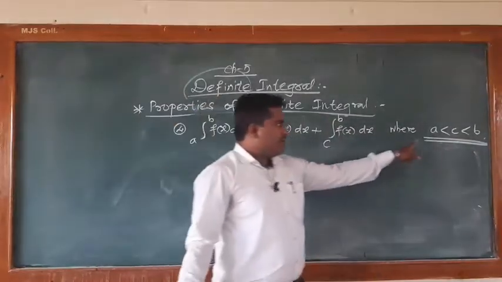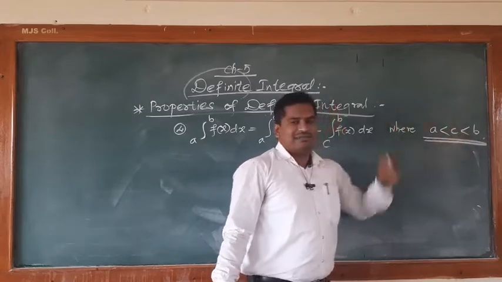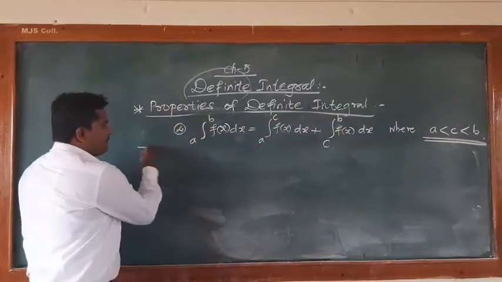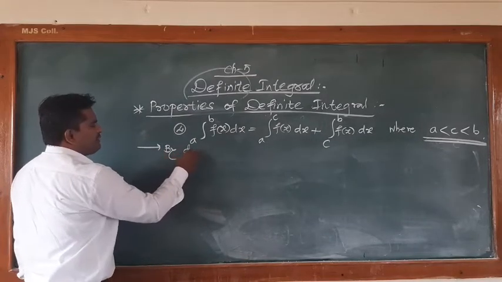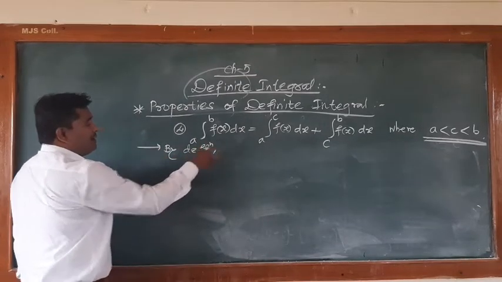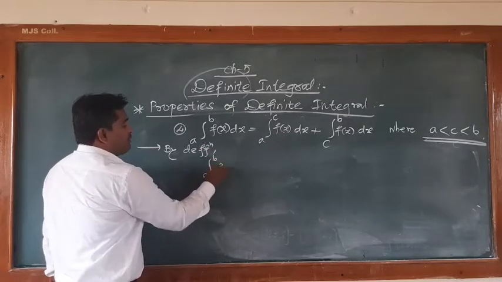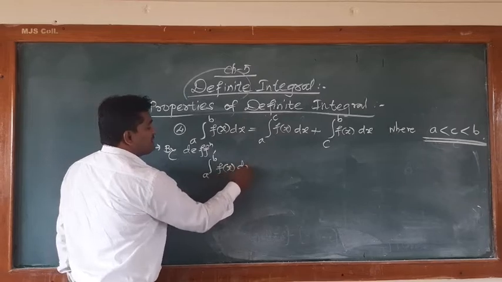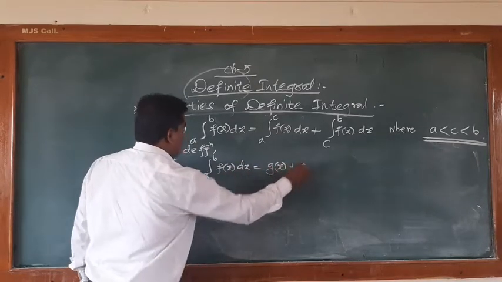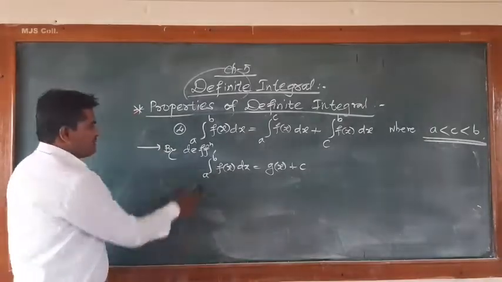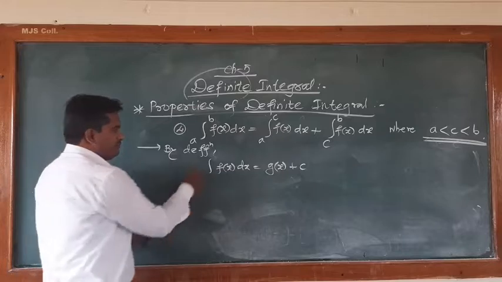That means c is greater than a but less than b. By definition, the integration from a to b of f of x with respect to dx is equal to g of x plus c. There is no limit here; it is the definition.